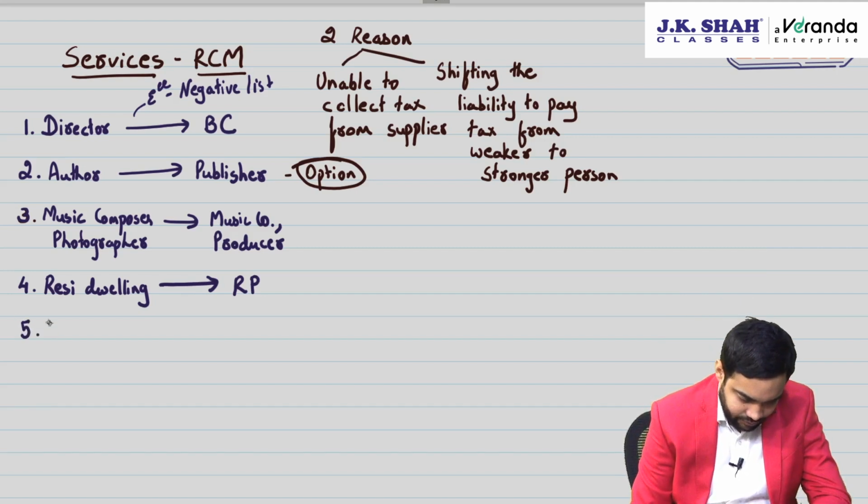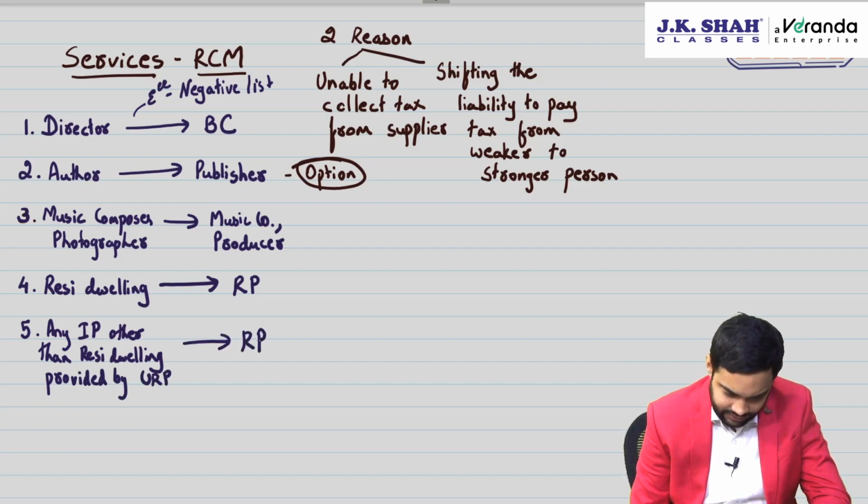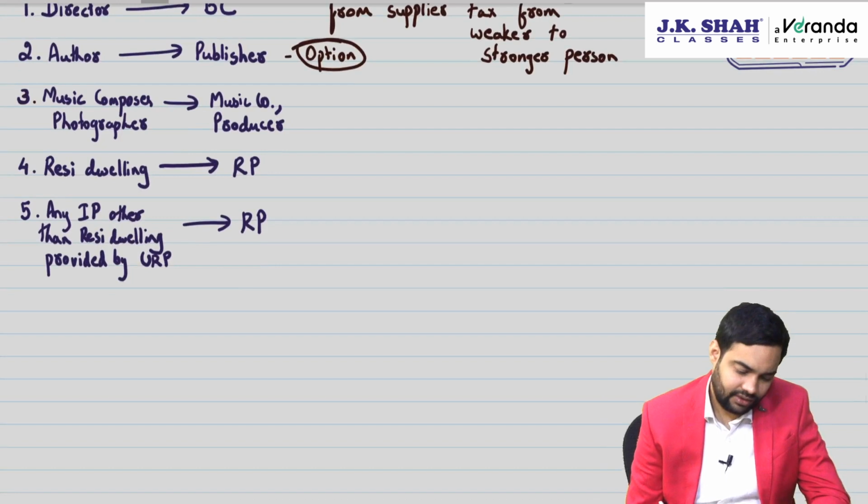Fifth, any immobile property other than residential dwelling provided by unregistered person to a registered person. Careful, here there is a combination.